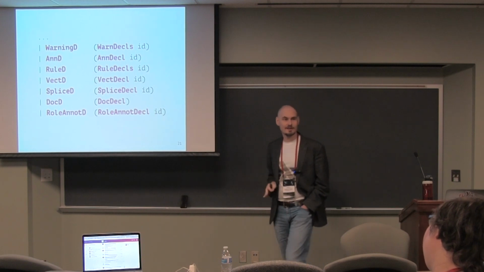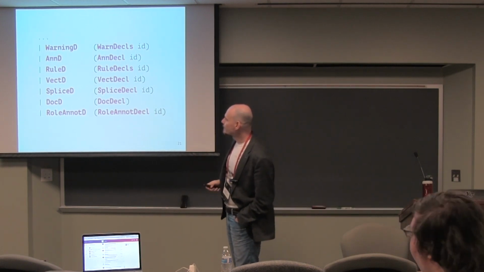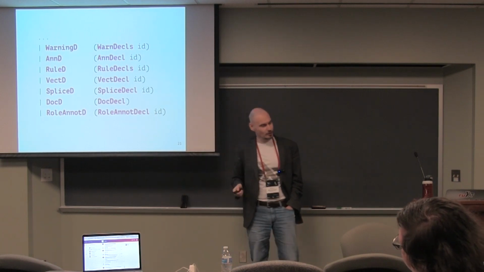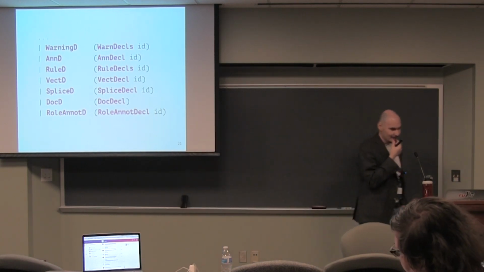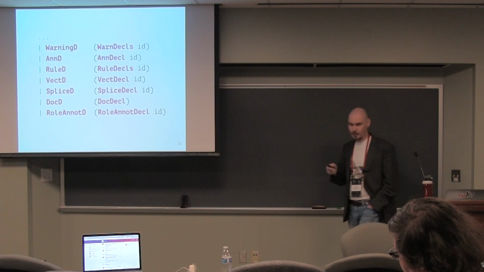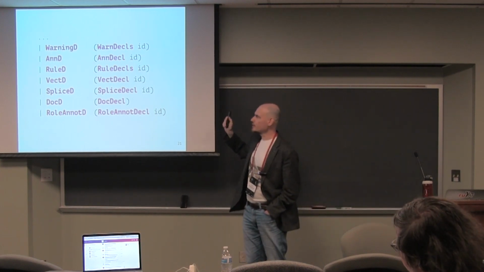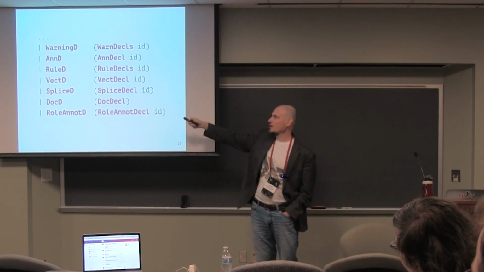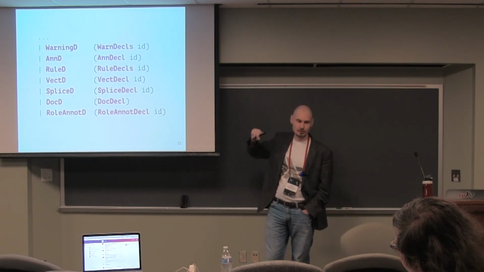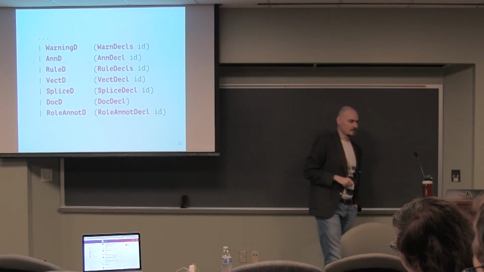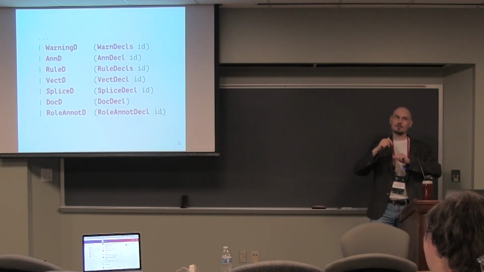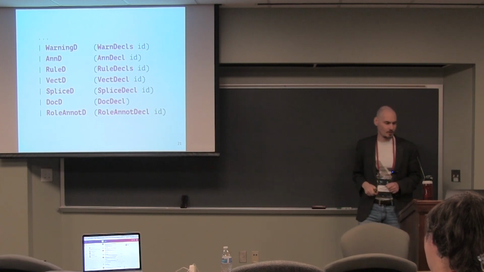Yes. This Doc one is for header? Yeah, exactly. This is a Haddock declaration. Normally you write that. So we have some warning declarations, annotations in Haskell. These are rules for rewriting, so-called rewrite rules. Then vectorization declaration, something about instructions on how to vectorize this code.